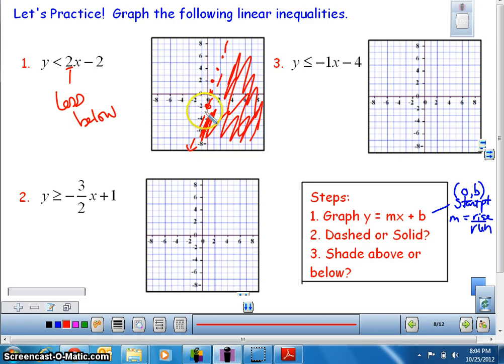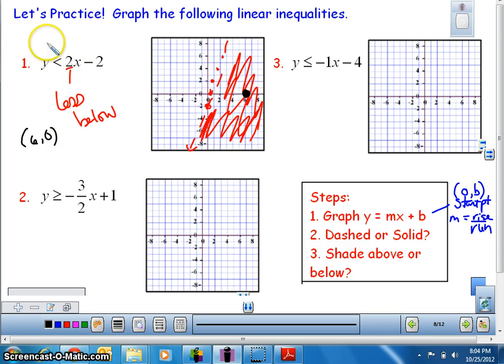Now in this case, we think 0, 0 is not a solution. So what we really want to do is pick another point that we know is a solution. An easy point would possibly be way over here. This point is located at 6, 0. We think 6, 0 should be a solution.